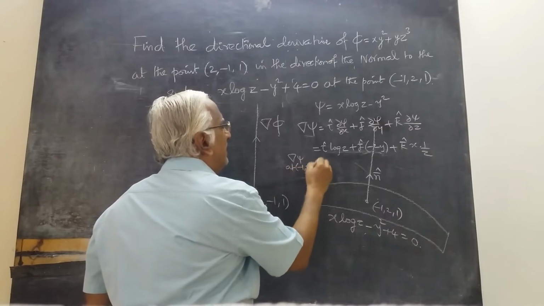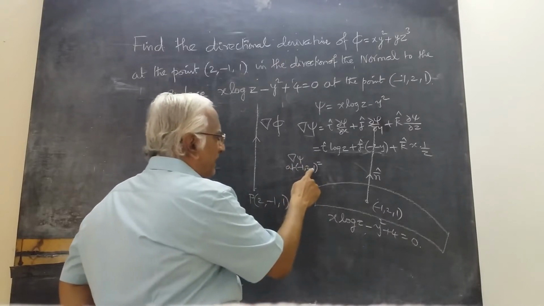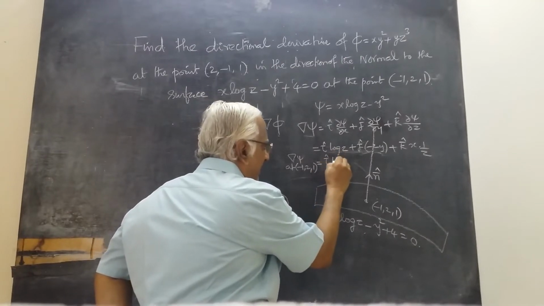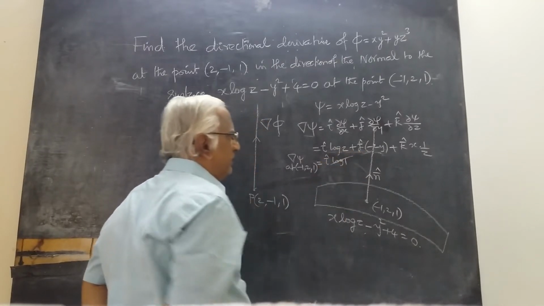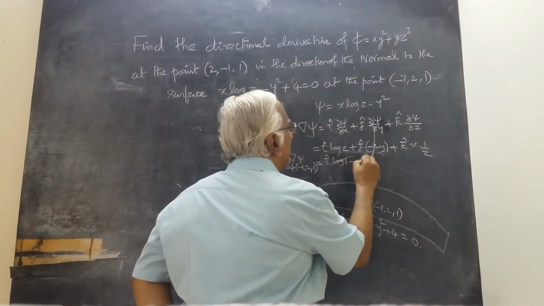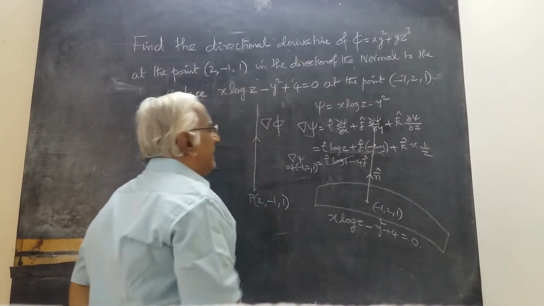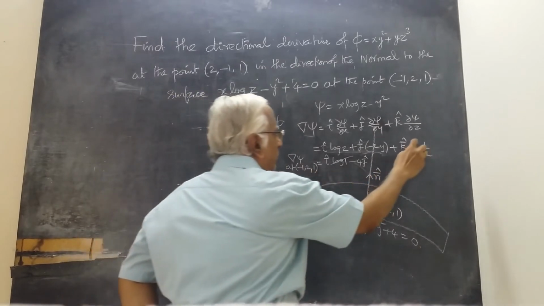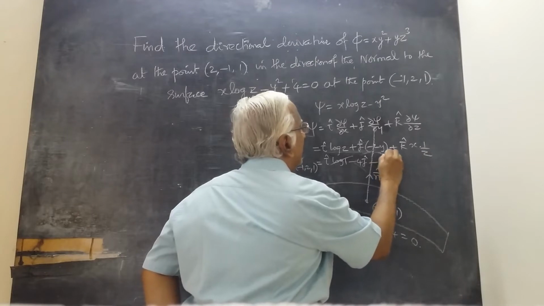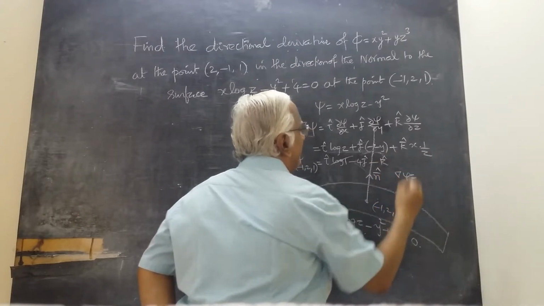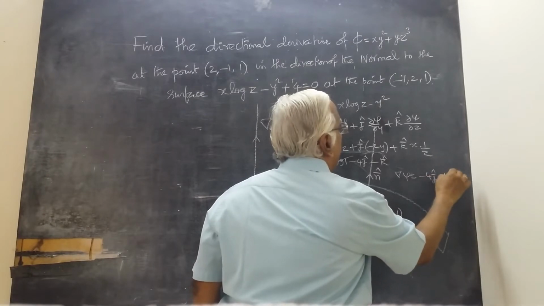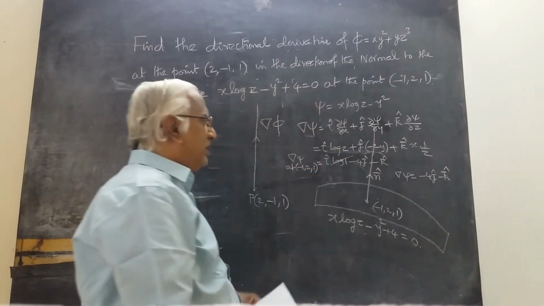At the point (-1, 2, 1), putting z equal to 1, we get log 1, and you know log 1 is 0. Putting y equal to 2, minus 2 into 2 is minus 4. Putting x equal to -1 and z equal to 1, we get -1 by 1, so -1. So del psi is -4j minus k.